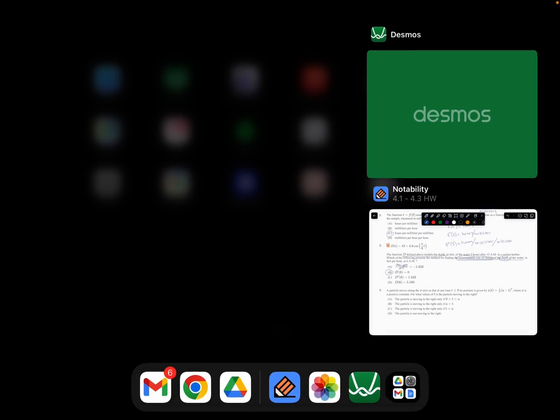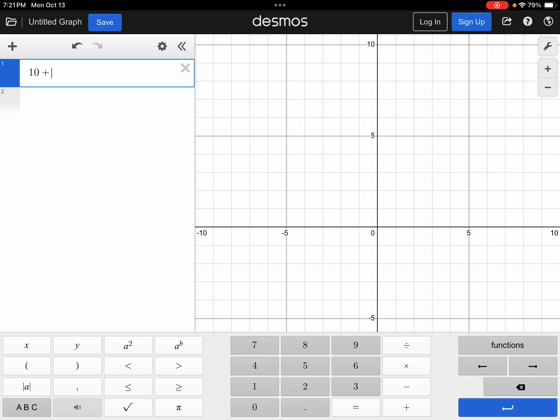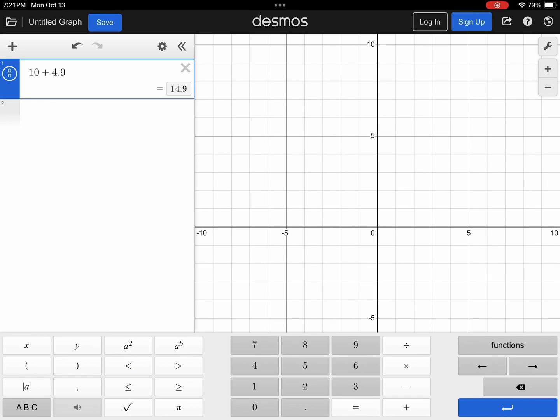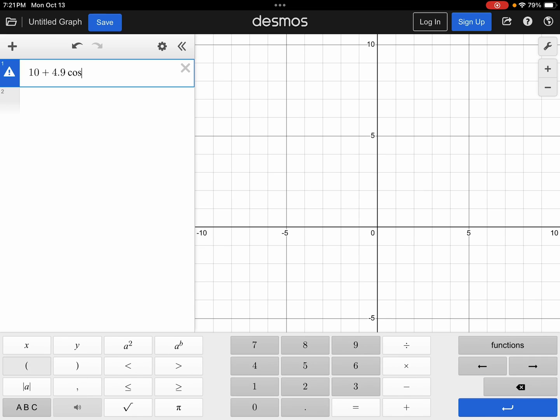So we've got 10 plus 4.9 cosine of pi over 6 t. So cosine of pi divided by 6x.